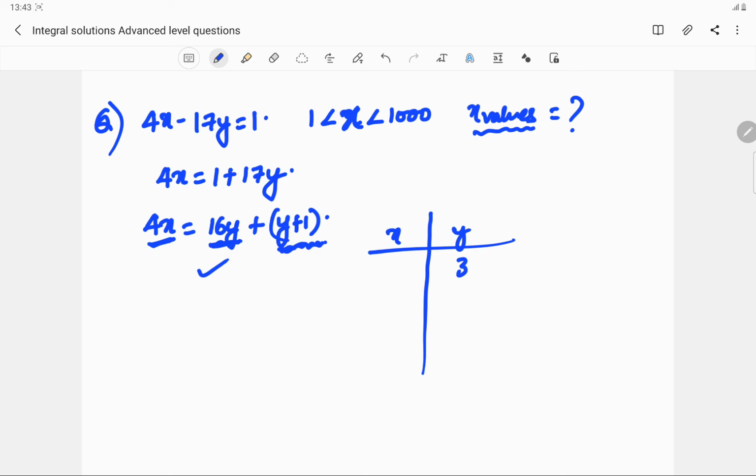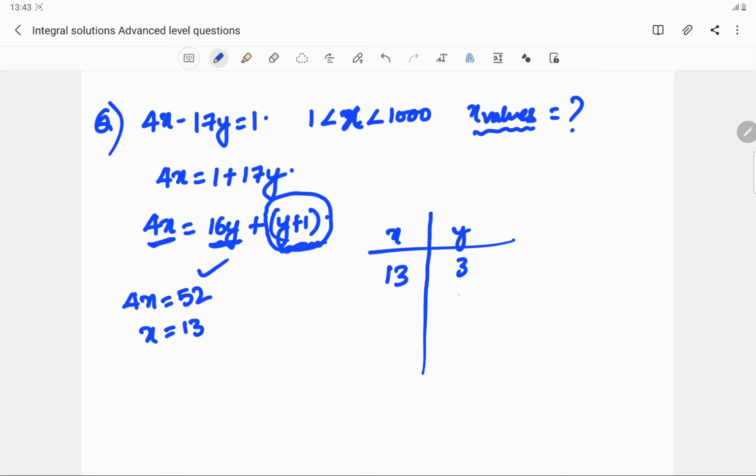It cannot be less than 3, because if it is 1 or 2, then we would not get this term to be divisible by 4. So that is why it has to be 3. Now when y equals 3, we know that 4x equals 52 and x equals 13.